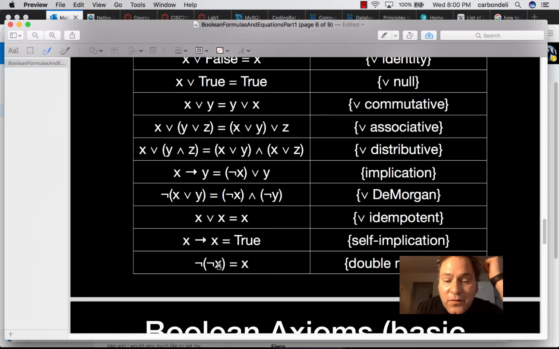So if we have two negative signs, we know that the outcome is going to be positive. And the same is also true for logical NOT, which again is this backwards looking pipe symbol. And that's used to represent the flipping of a Boolean variable from either false to true or true to false.